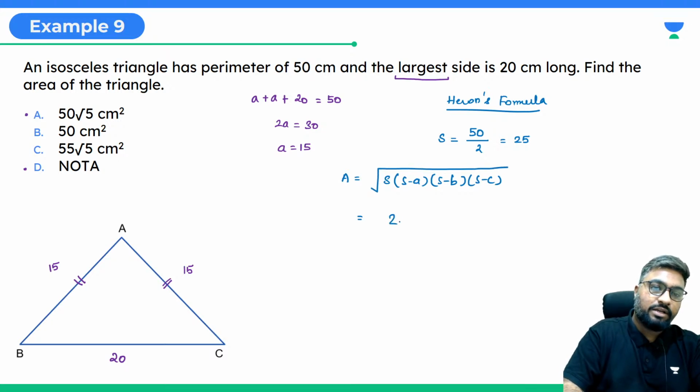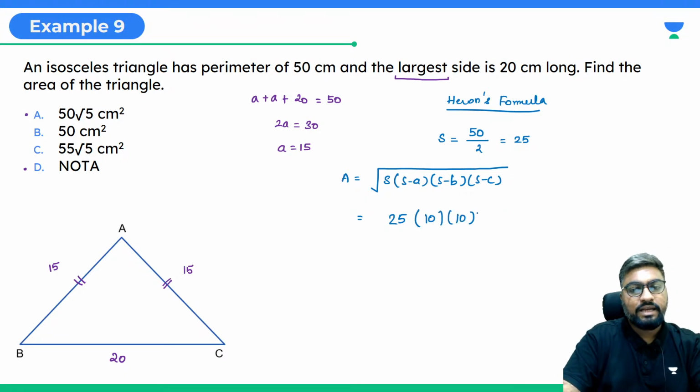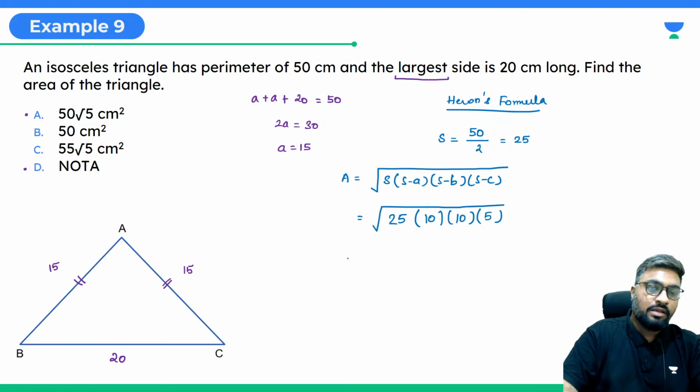So S यहाँ पे 25 है, 25 into what is 25 minus 15? 10. 25 minus 15 is 10 and then 25 minus 20 is 5. Correct? So this will give us what? 25 is 5, bahar aa gaya. 10 into 10 is 100, 10 bahar aa gaya.